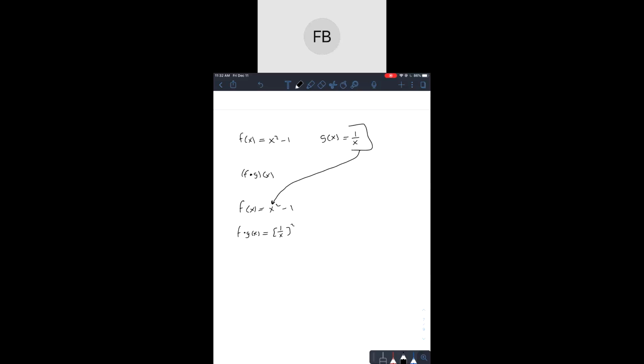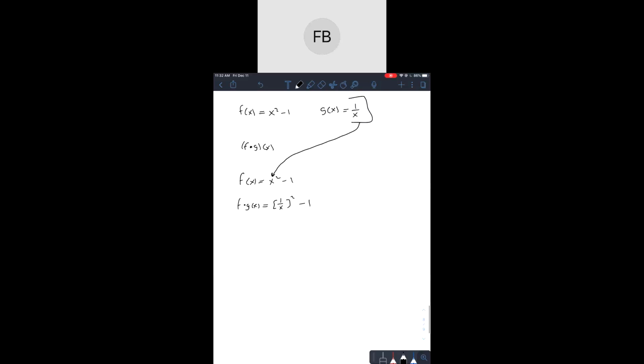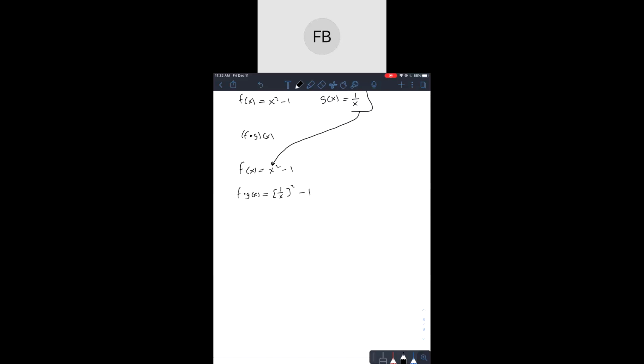So again, our x was squared, so we need to make sure to square it. And it's minus 1, so we need to do that. So the only difference is you change that x, and you basically put in another equation for x. So this is f of g of x. And you might want to solve this, whatever. So this is just equal to 1 over x times 1 over x minus 1. Actually, no, never mind. There's no way to simplify this. So this is good. Good to go.